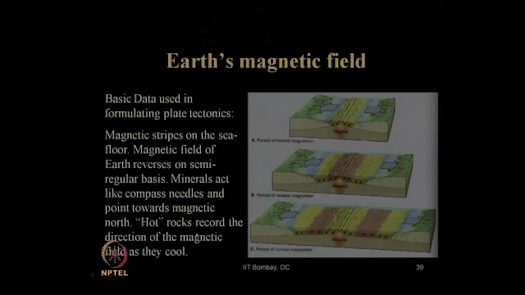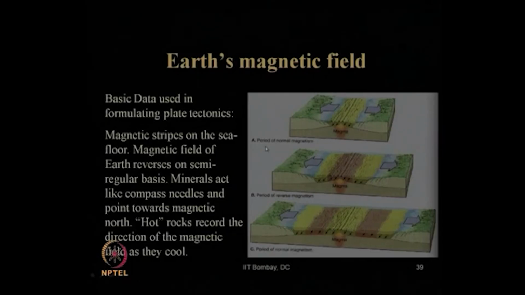So, hot rocks, that is the rocks which are still at a higher temperature at a larger depth, record the direction of that magnetic field as they become cooler when they come closer to the ground surface.